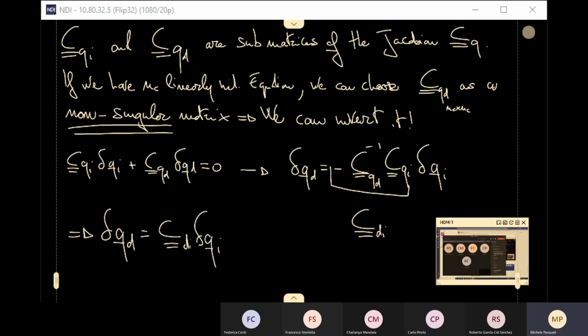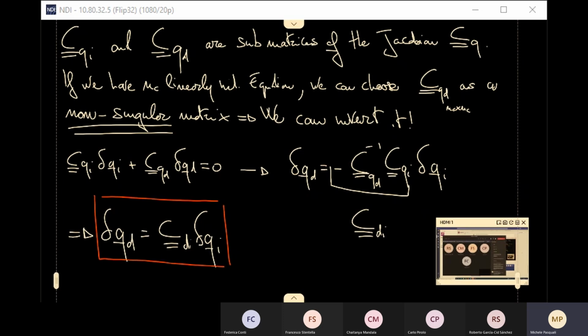Okay, you see, this is a super nice expression that allows me to express the dependent coordinates directly in terms of the independent ones, meaning that with the constraint equation, I can set the independent values, Qi's, and get directly the dependent ones.